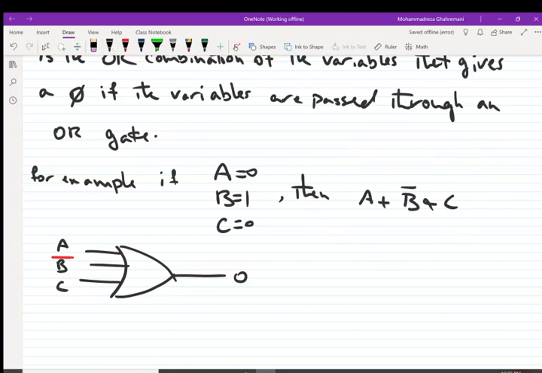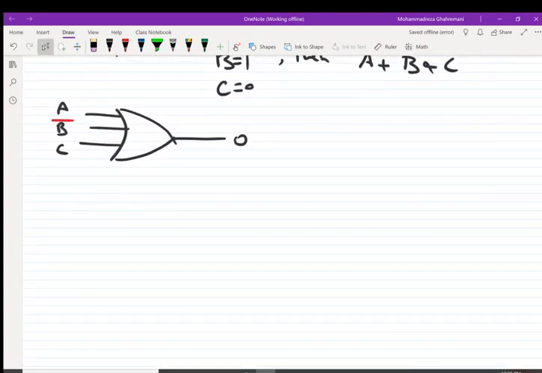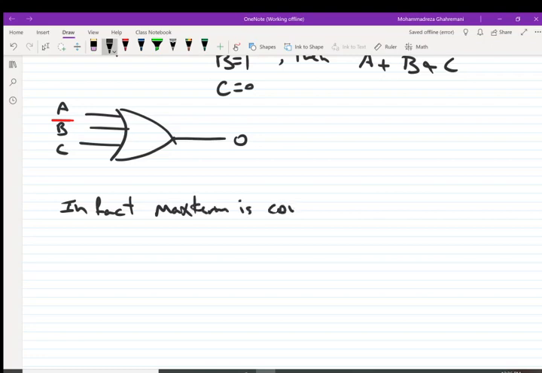So based on this definition, we see that in fact Maxterm is the complement of the Minterm, and of course vice versa.